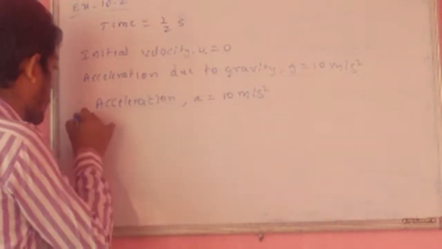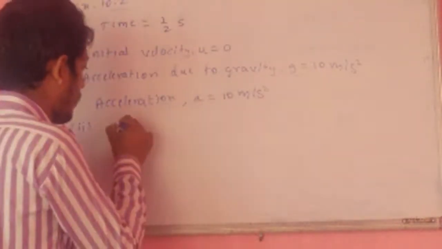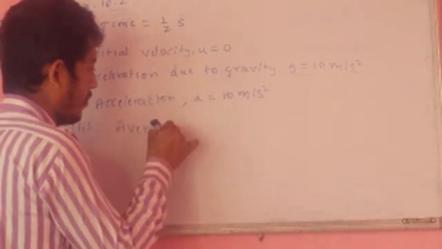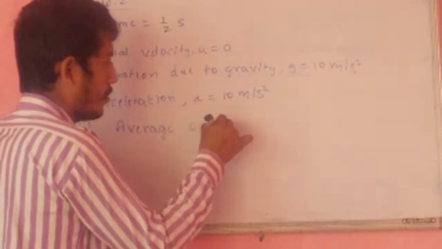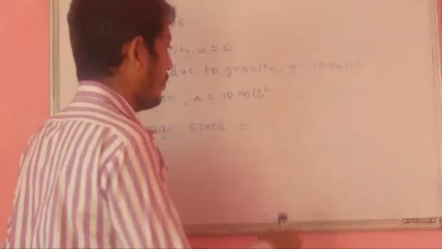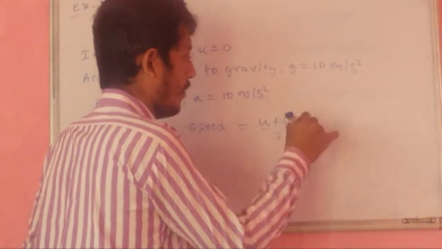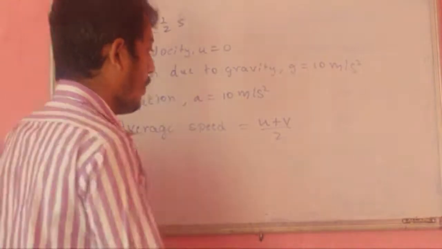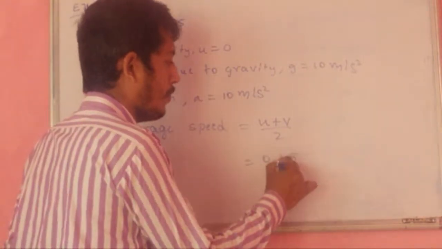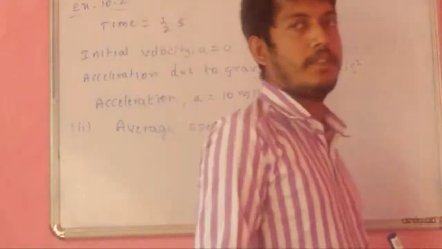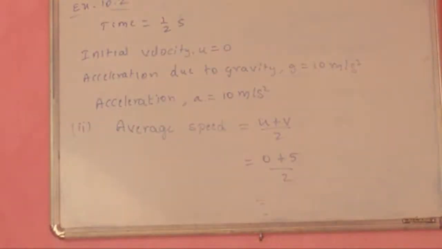B, average speed equals u plus v divided by 2. The u value is 0, the v value is 5, divided by 2. Now comment with the answer. What is the value of the average velocity? Comment with the answer fast.